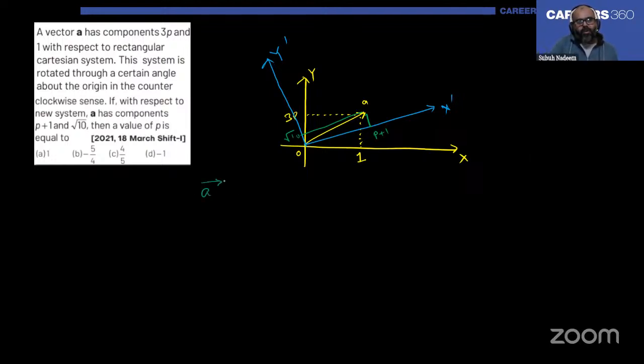So the modulus of A, that is the length of this vector, will not change if we rotate the coordinate system. So in the first case, A was 3p square plus 1 square. That was mod A square by Pythagoras theorem, which will become 9p square plus 1. Also, after rotating, the components are p plus 1 and root 10.